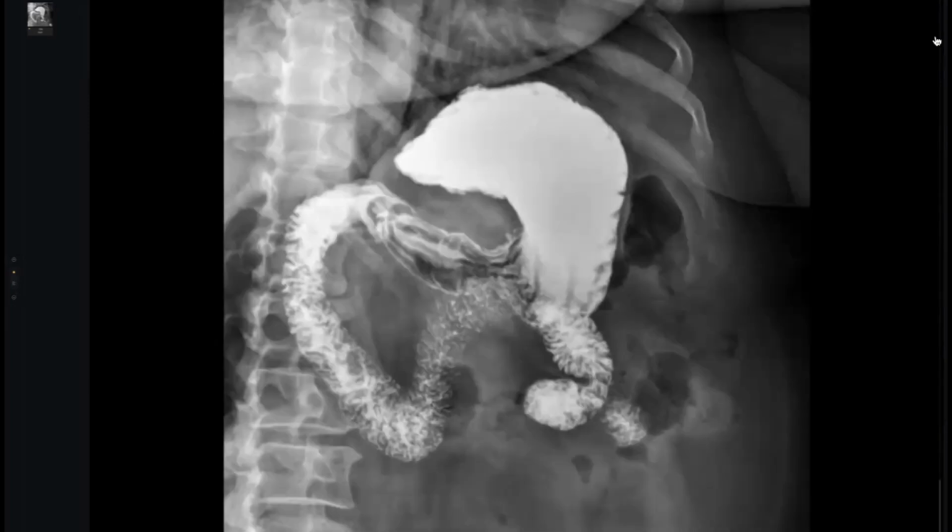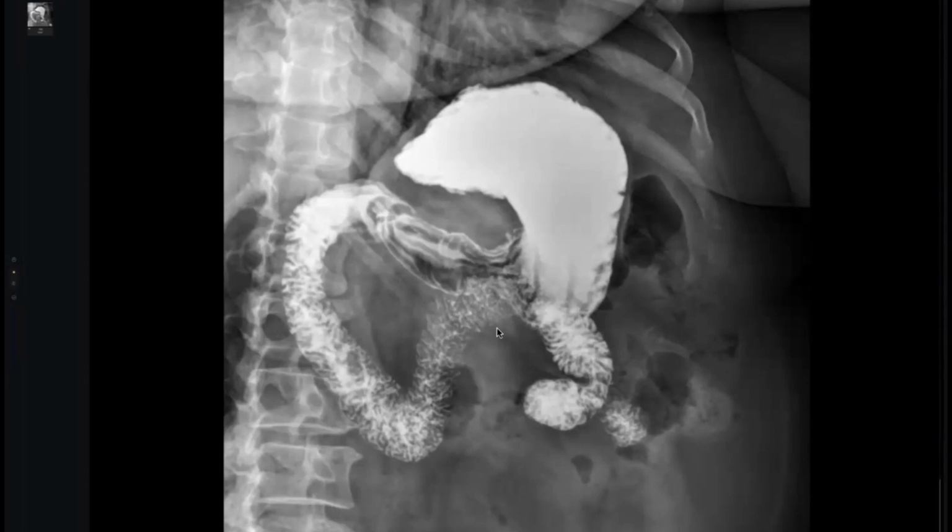No other images. Okay, so I can't see any abnormality here. Just there is thickening of the gastric fold in the pylorus.